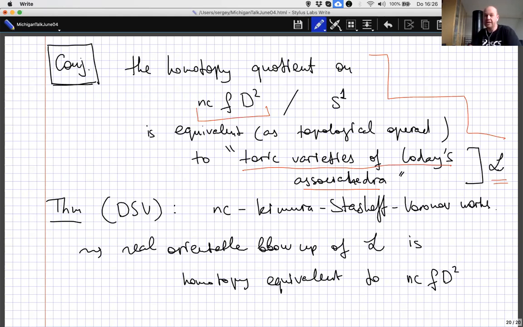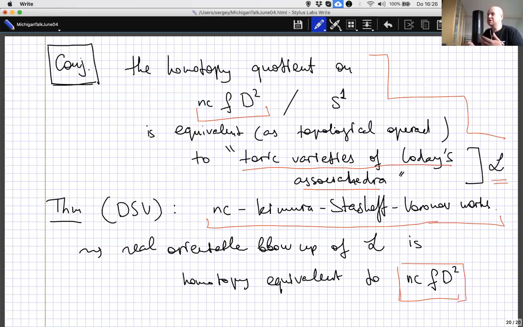And the point is that what we were able to show is that if you apply this Kimura-Stasheff-Voronov construction to this system of toric varieties of Lie-Associahedra, if you take the real orientable blow up, and you look at what kind of operadic structure is induced by the natural stratification of Lie-Associahedra, then what you get, and that's a theorem, is something homotopy equivalent, to be more precise, not exactly this, but something homotopy equivalent to the simple structure that just consists of circles with labels that I just described, right?